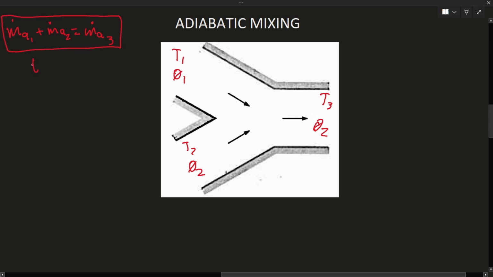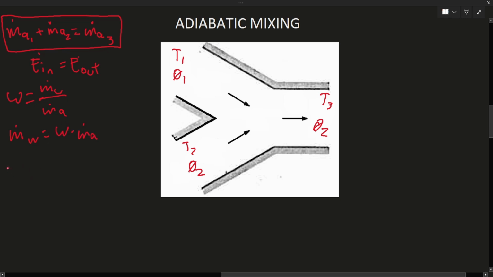Second, you have to take into account this principle: E in equals E out. So keep in mind that omega is equal to the mass flow rate of water divided by mass flow rate of the air. So mass flow rate of water is equal to omega times mass flow rate of air. All right.